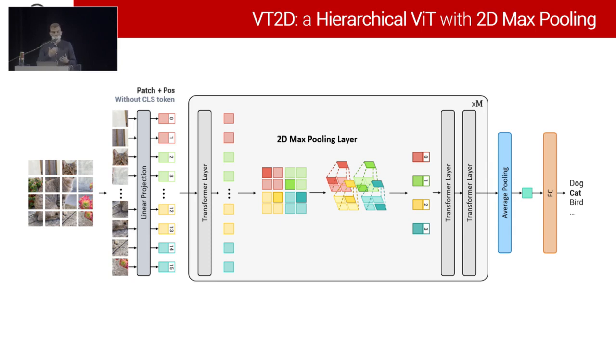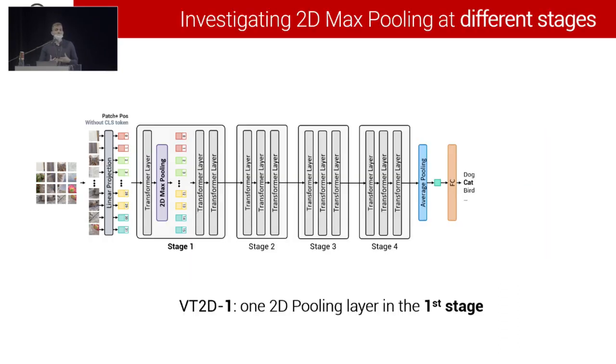So with our proposal, we are able to decrease the computational requirements of a transformer-based architecture, and at the same time, we create a hierarchy in the feature extraction process which resembles the one of a convolutional neural network. We additionally investigate the effect of applying the bidimensional max pooling operator at different stages of the proposed architecture.